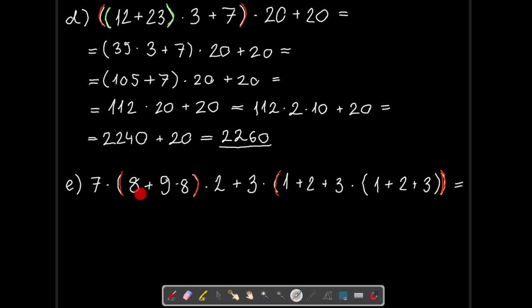And 80 times 7 is 560 times 2 is 1120. But yeah, I'm just doing stuff in my mind now. I need to write it down. Let's just do the brackets first.